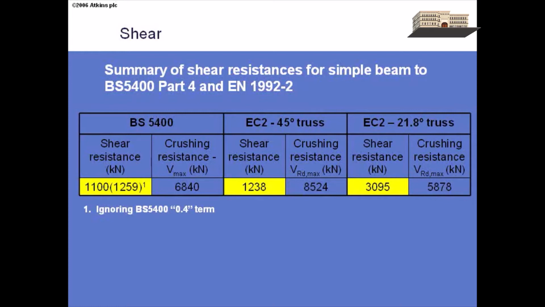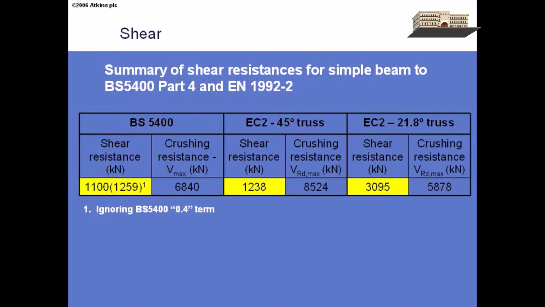So we're pretty much the same. We get 1238 kilonewtons out of the links. But the crushing resistance is a fair bit higher, just because crushing resistances tend to come out a bit higher in Eurocode 2 than in BS500, if you stick with the 45-degree angle.